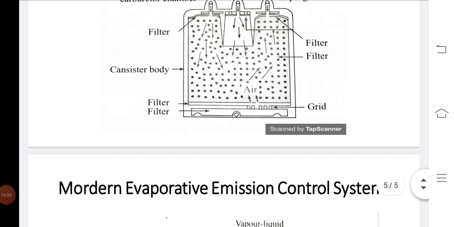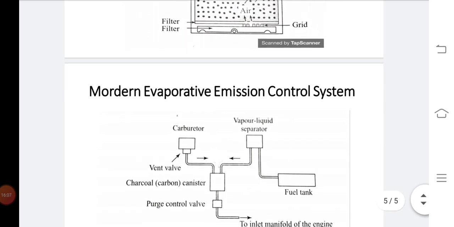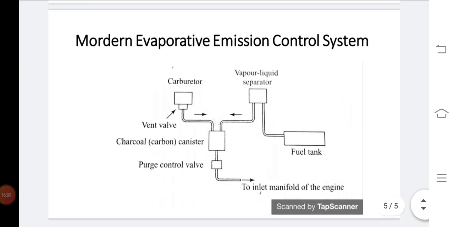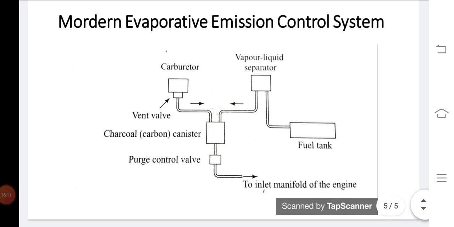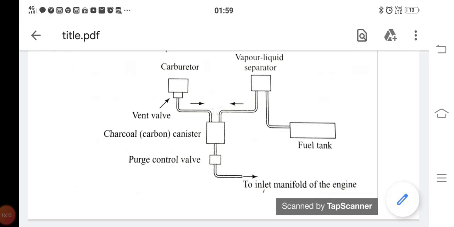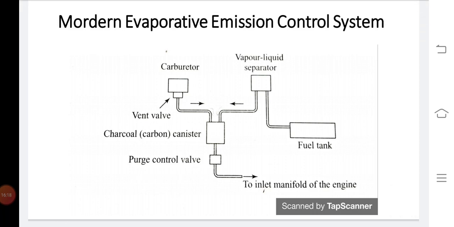Now, the modern evaporative control system. These are the modern evaporative control systems which are used in a modern vehicle.